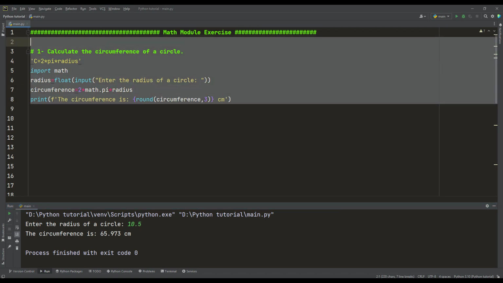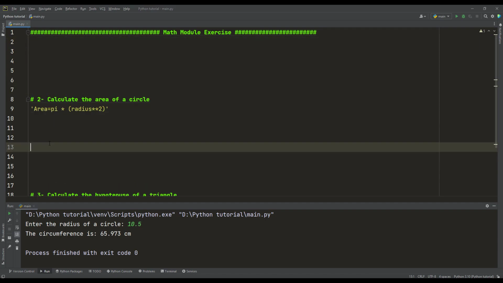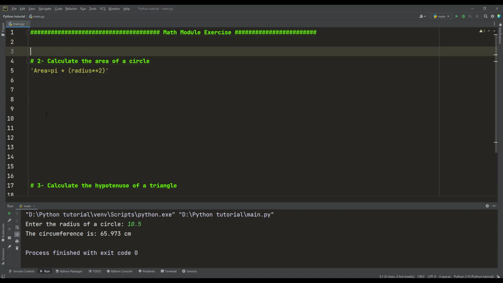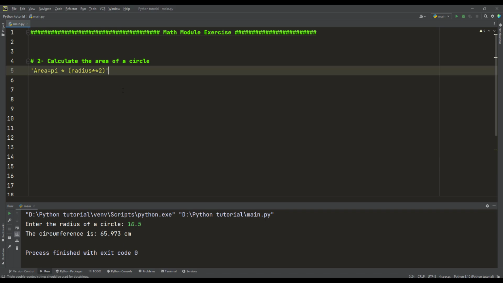Then we will have another exercise I prepared here, which is calculating the area of a circle. The area of a circle is given by pi, and we will use this pi from the math module also, multiplied by the square of the radius.